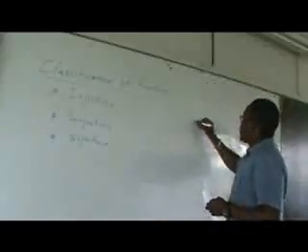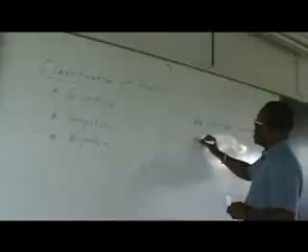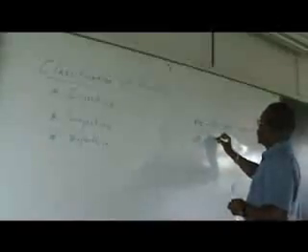As in the example you gave, a one-to-one mapping. You can have a one-to-one mapping, you can have a many-to-one mapping. Now both of these mappings are considered functions, right?